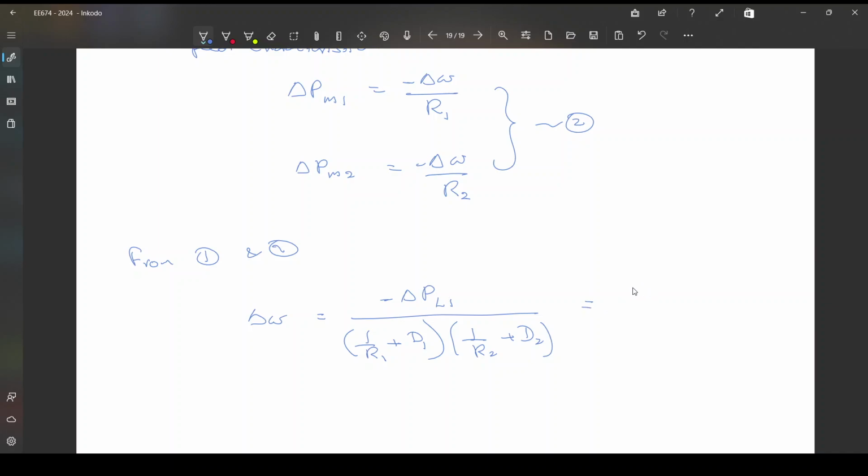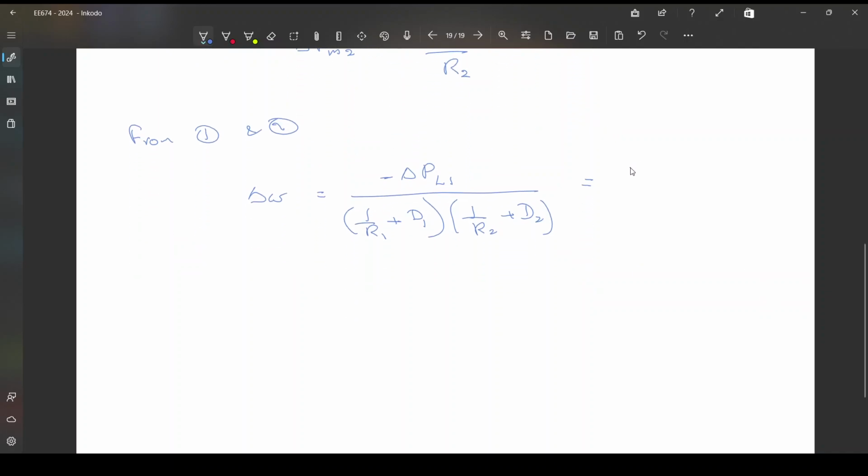We can write this as minus delta PL1 divided by B1 plus B2, where B1 is equal to 1 over R1 plus T1 and B2 is equal to 1 over R2 plus T2, and these are called the frequency bias factors.